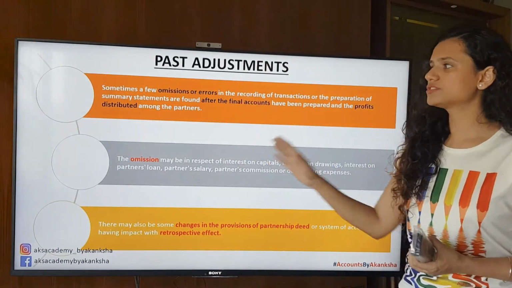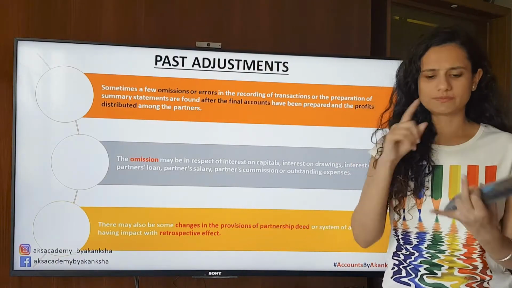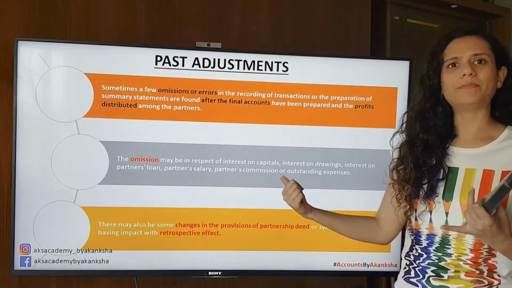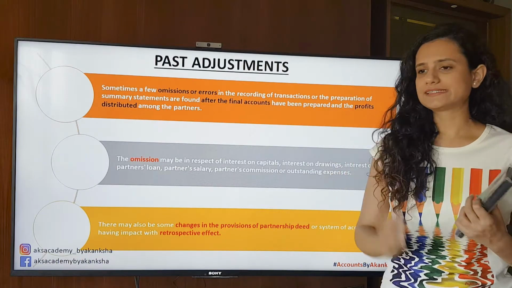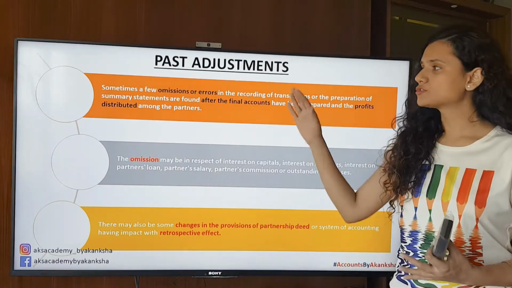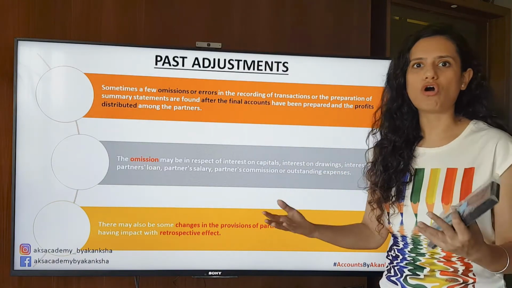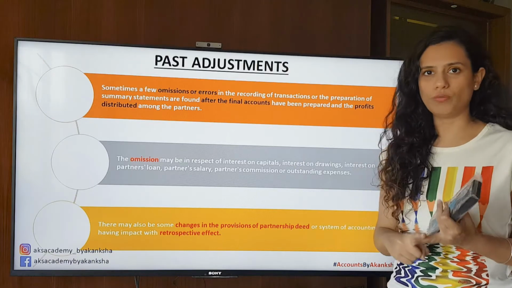Now these omissions and errors could be related to any of the adjustments, such as your interest on capital, interest on drawings, salaries, remunerations, distribution of profits itself. So it could be any of these adjustments which could have gone wrong, either wrong or omitted.